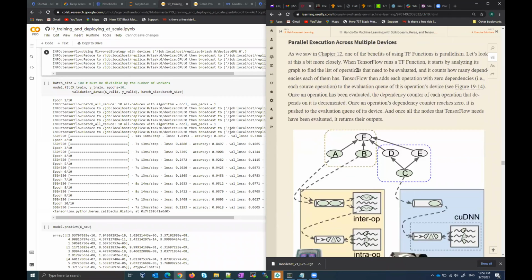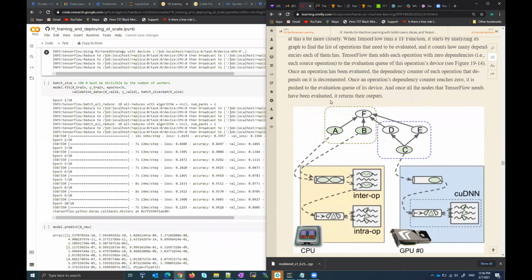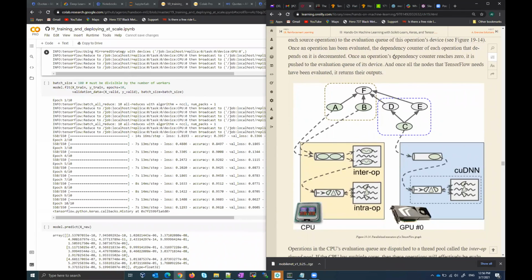Okay, so about the parallel execution across multiple GPUs, right? TensorFlow keeps dependency information on the operations and puts dependency numbers. For example, this operation F depends on all these below being completed before running. So it keeps, let's say, a 4 until one of these completes, then the dependency number decreases, and when it's 0, then it runs, right?